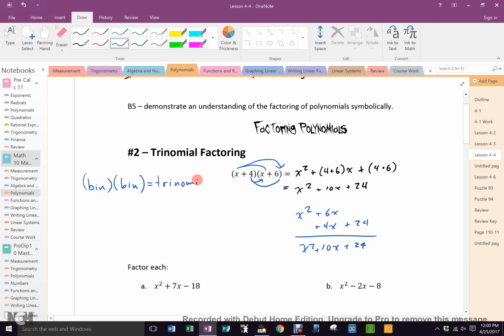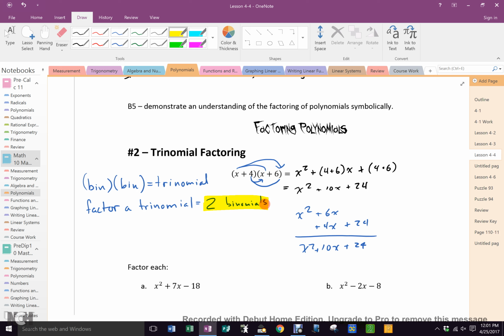Then that must mean that if I factor a trinomial, what does it break down into? Factoring a trinomial equals 2 binomials. Now, what did we find out yesterday? Is everything factorable? No. So you got to be aware that sometimes you're not going to be able to factor.